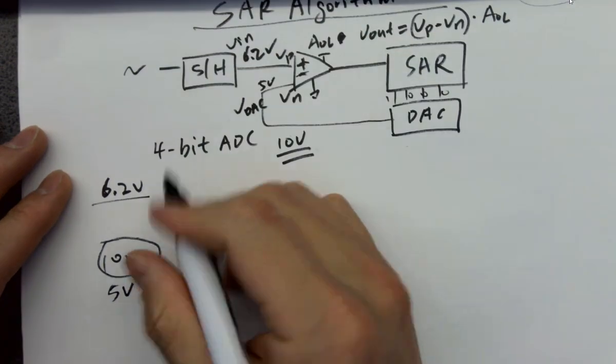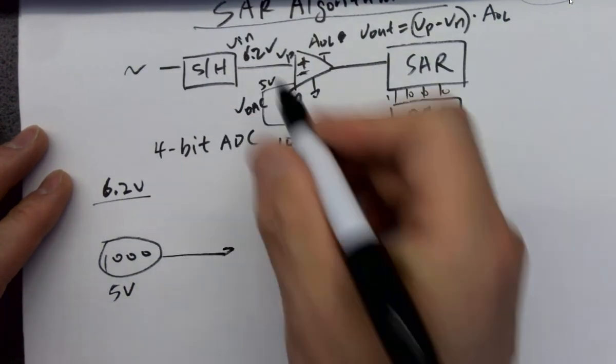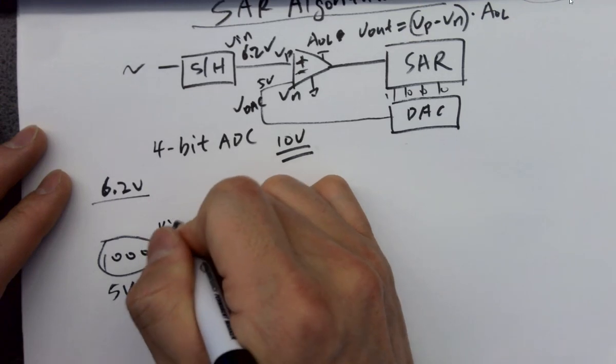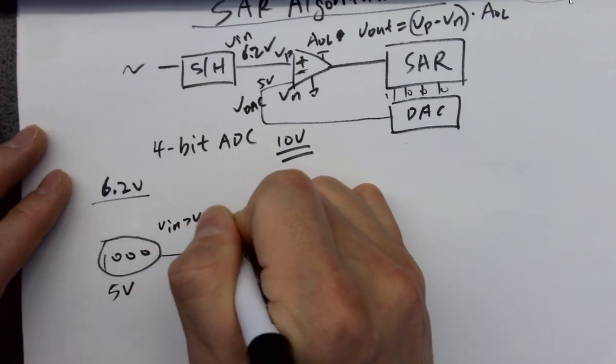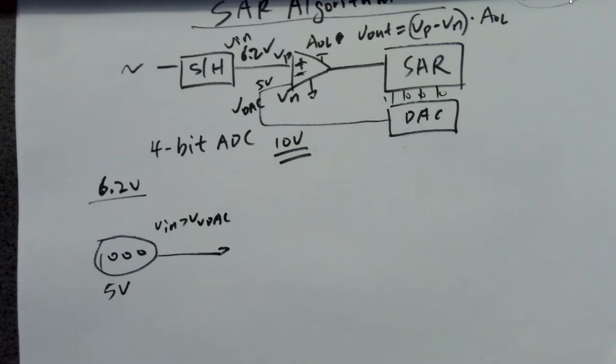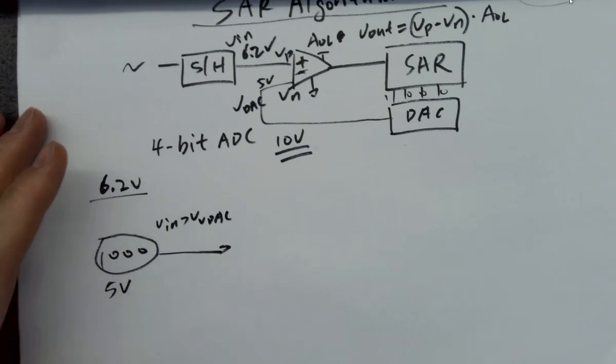If you compare these two signals, you can tell Vin is larger than VDAC, right? And Vin is connected to Vp. So in that case, we're getting a 1 as the output of the comparator.